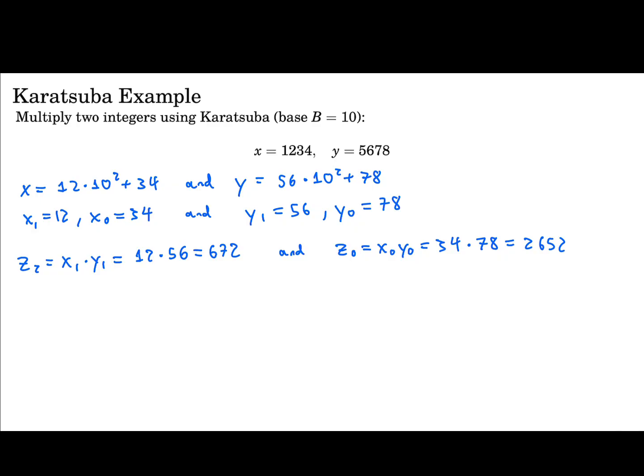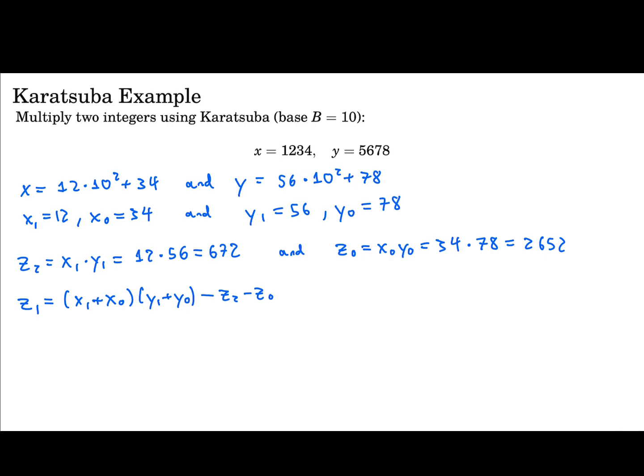And also, and this is where the magic happens, you compute this z1, which is x1 plus x0 times y1 plus y0 minus z2 minus z0.